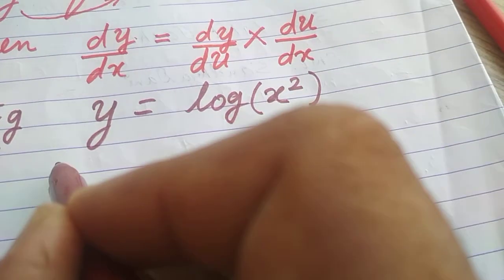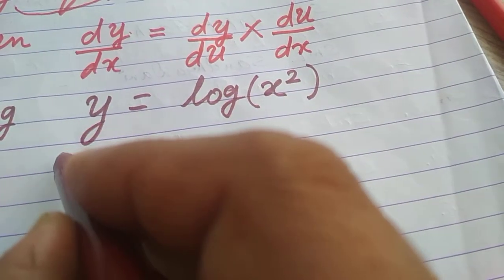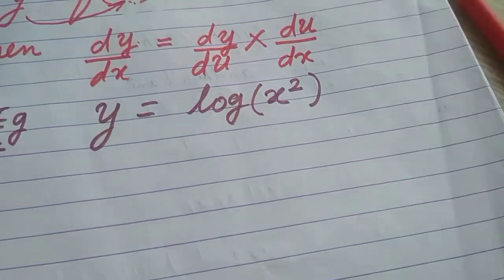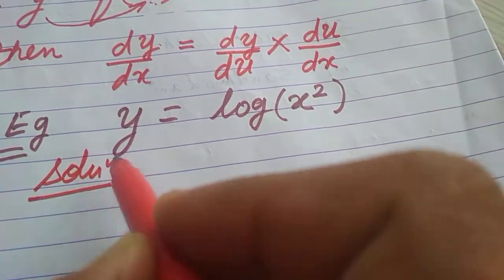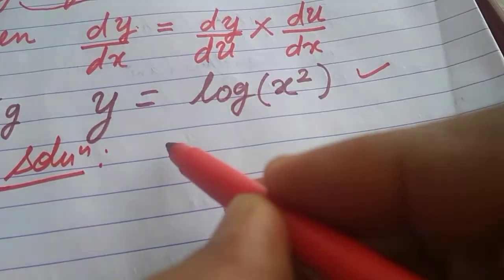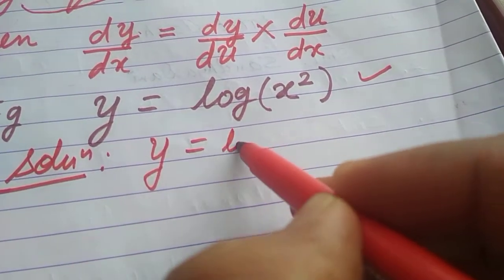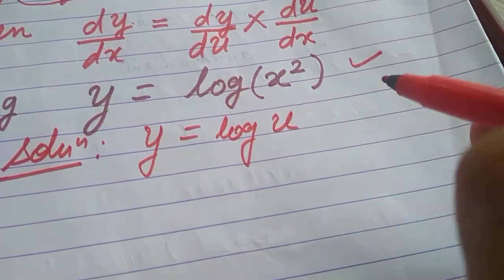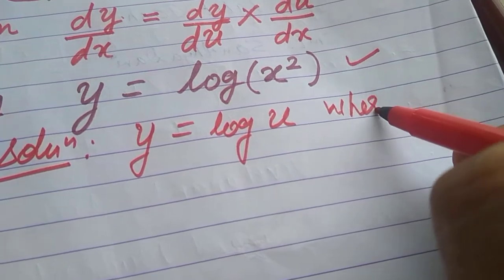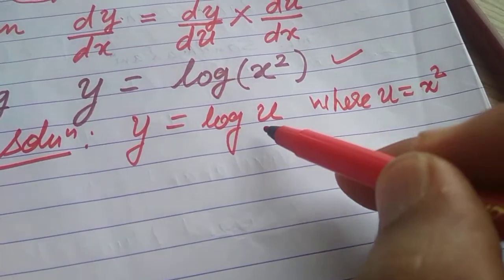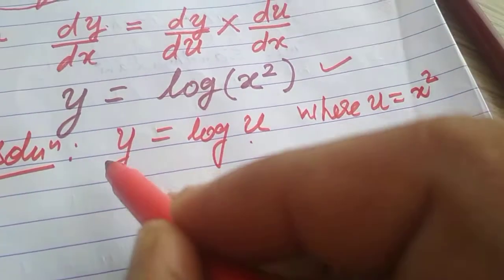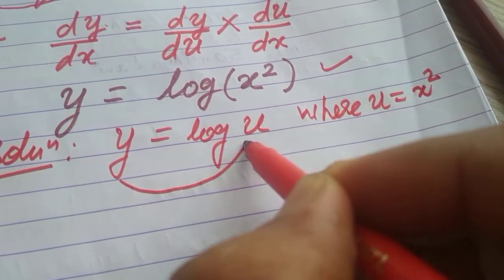So if you want to get dy by dx, I will write the solution. I will write this equation as y is equal to log u, where u is equal to x square. So now y is a function of u.